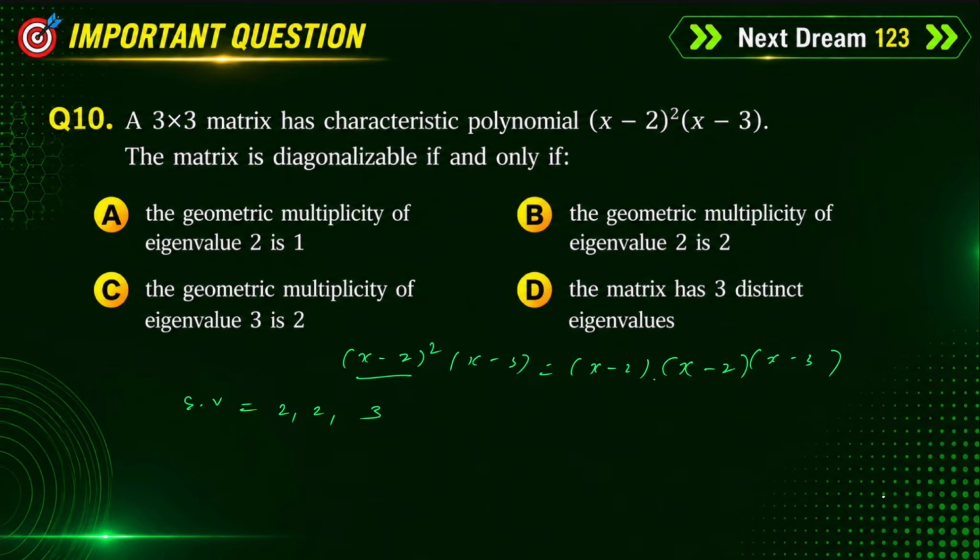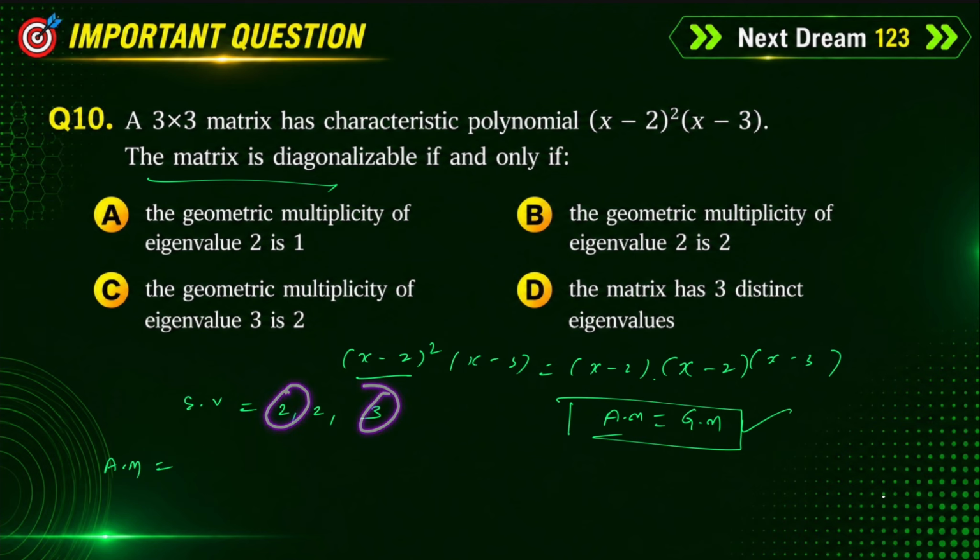You should remember one thing: if the matrix is diagonalizable, algebraic multiplicity should be equal to geometric multiplicity. This is very important. What is algebraic multiplicity? There are eigenvalues 2 and 3. Algebraic multiplicity tells us how many times an eigenvalue is repeated.